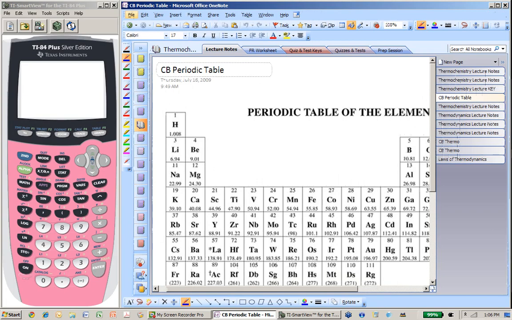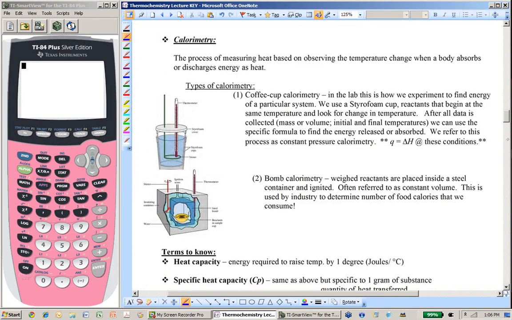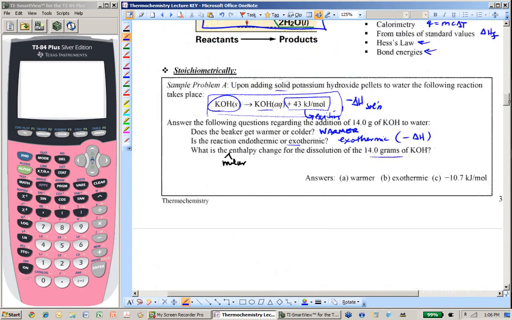Okay, so you should have come back from being paused and calculating your little molar mass there. And you should have come out with the fact, I'll put this back on, 125. Oops, what happened? How many moles do you have? You've got 14 grams of KOH divided by that molar mass that you calculated of 56.11.